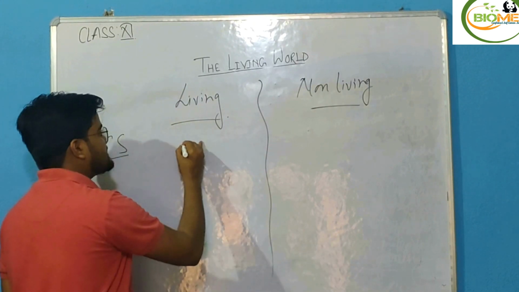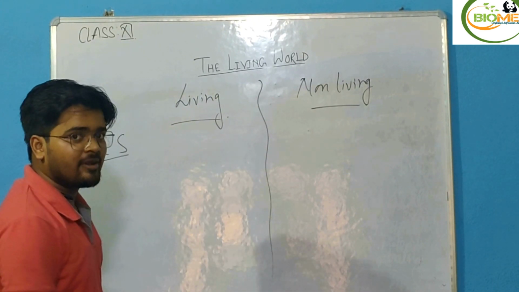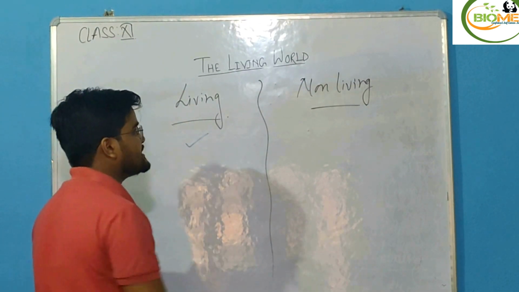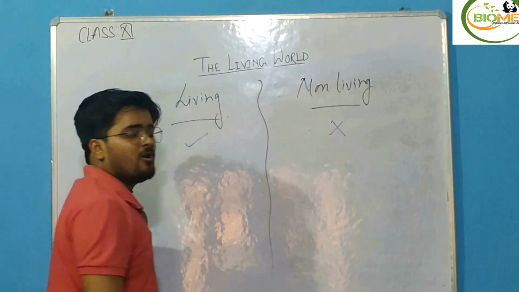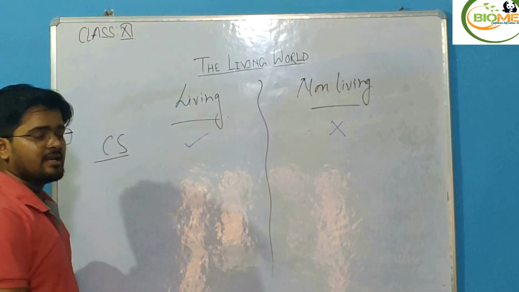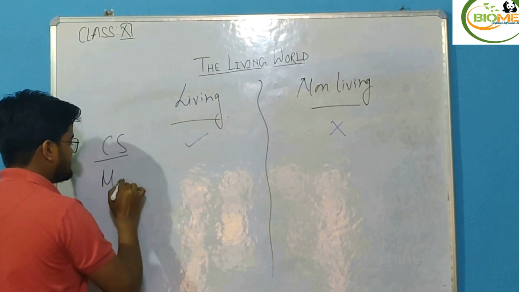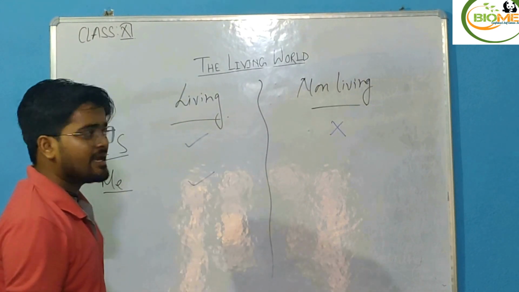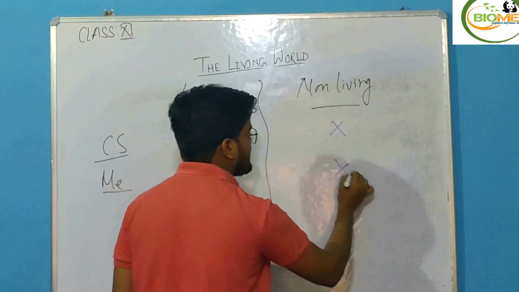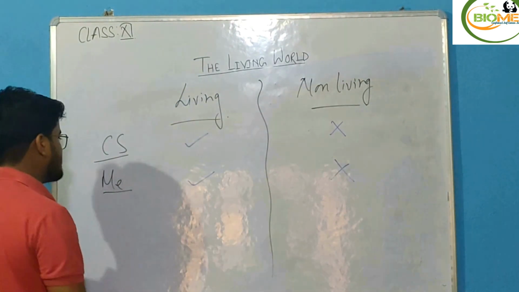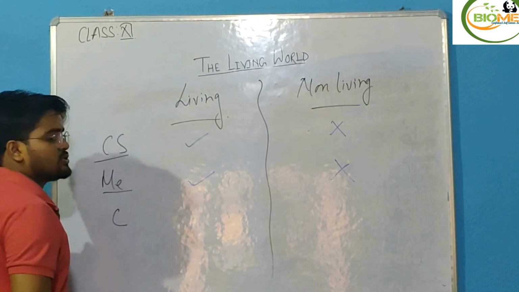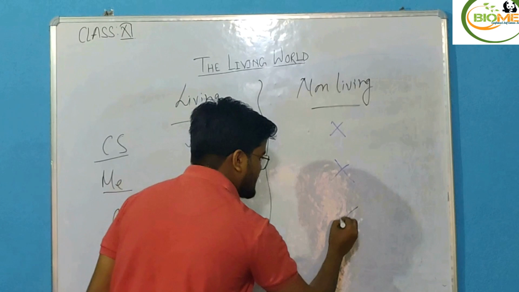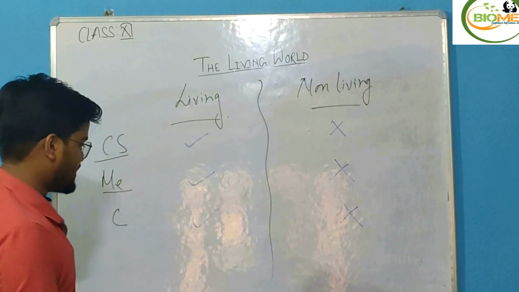Is cellular structure present in living or non-living? Yes, you are right, it is present in all living organisms and absent in all non-living organisms. Next point is metabolism. Metabolism is exclusively found in all living organisms and absent in non-living organisms. Next is consciousness, present in all living organisms and absent in all non-living organisms.